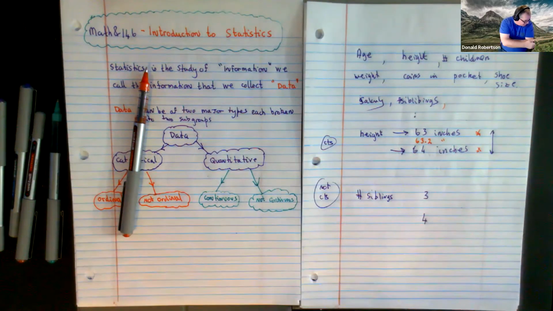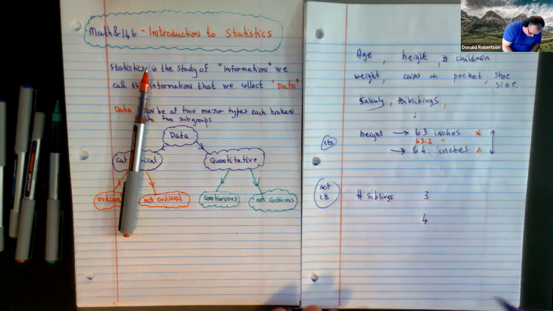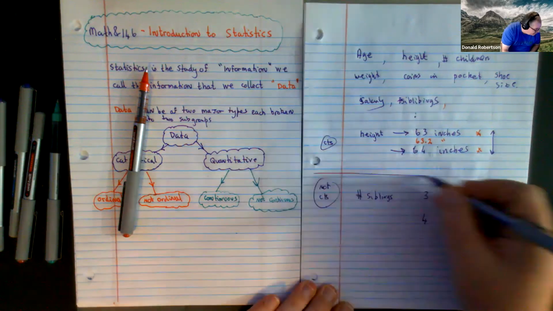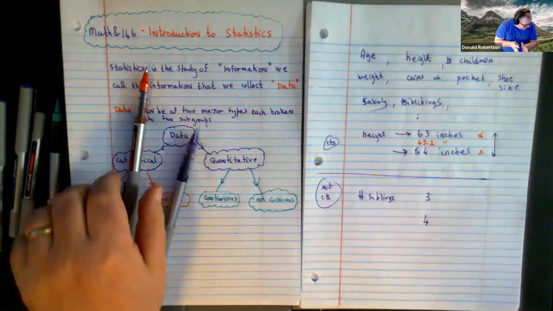Agree? Have you ever heard a normal human being say, I have 3.1 siblings in my family? Would you agree that doesn't make sense? This here is not continuous. This is continuous. Are you getting the idea of the separation?